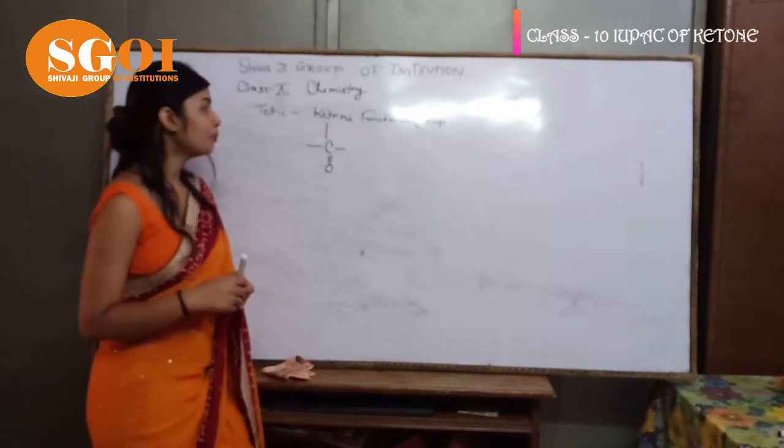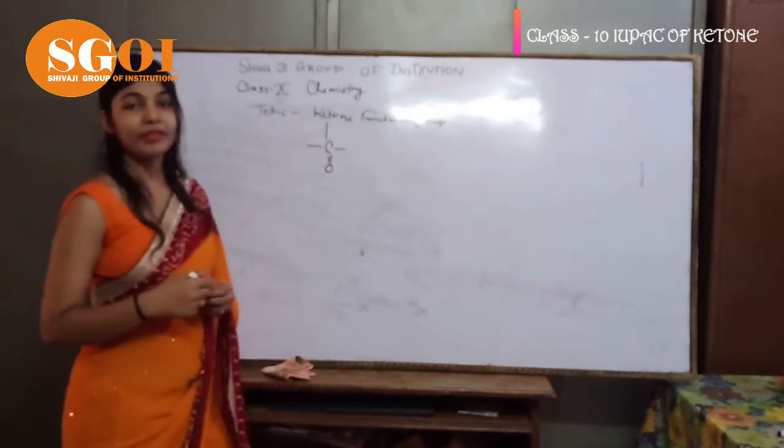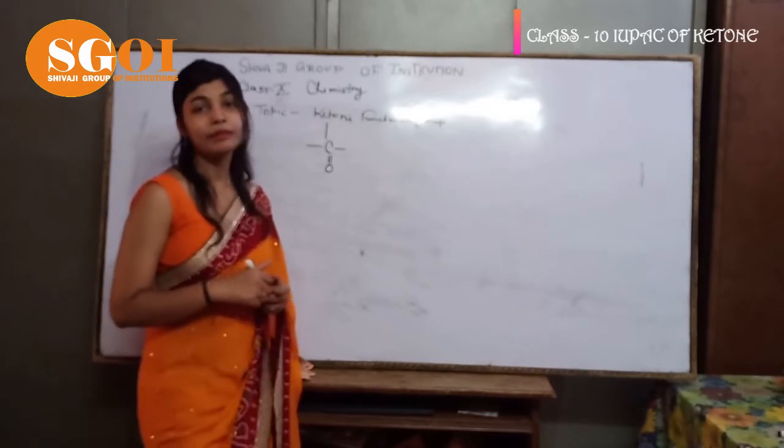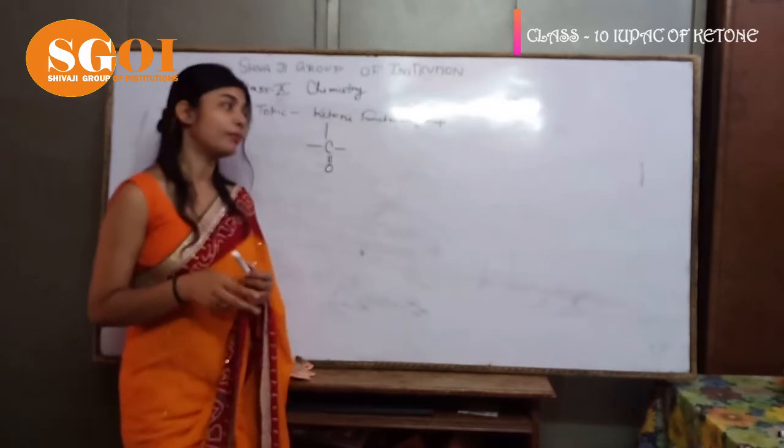Ketone functional group has at least 3 carbon atoms, because that is a single group which is present between 2 carbon atoms.